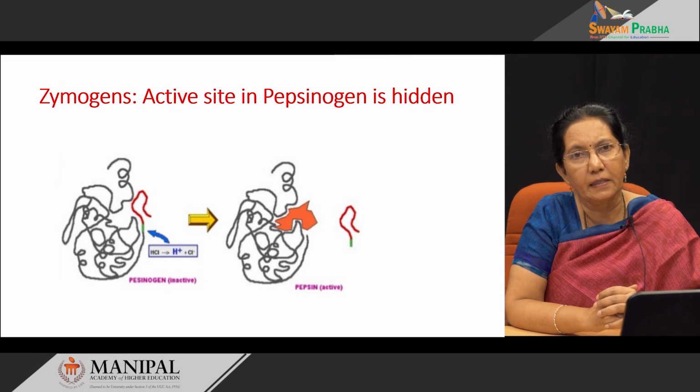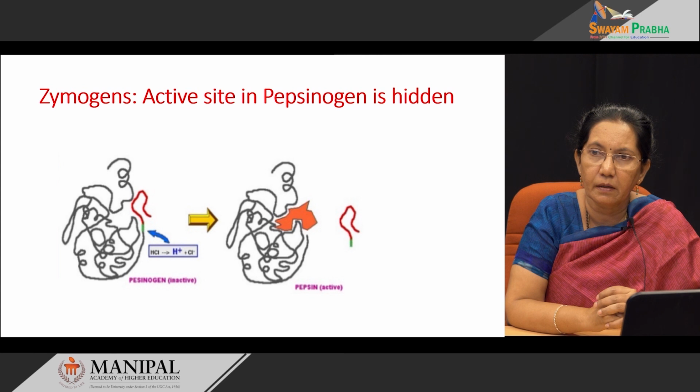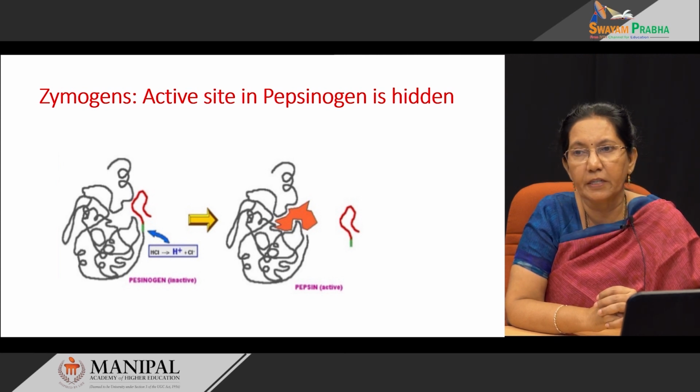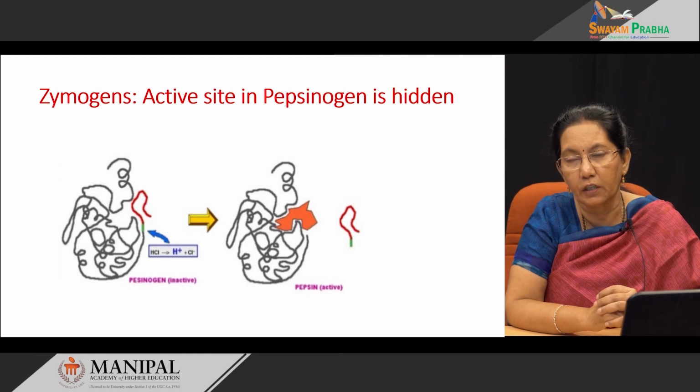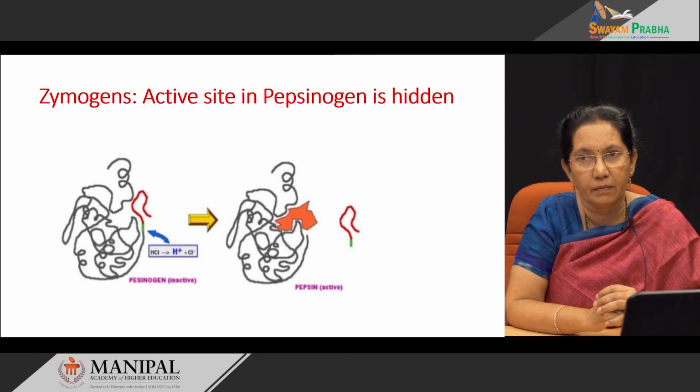If you look at the mechanism of action, it is interesting to note that in pepsinogen there is an extra peptide which acts as a flap. That little piece of red and green that you see on the left hand side is an extra peptide which keeps the active site covered. That active site therefore does not have access to the substrate and remains inactive.